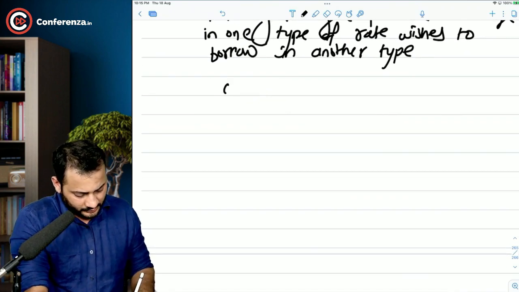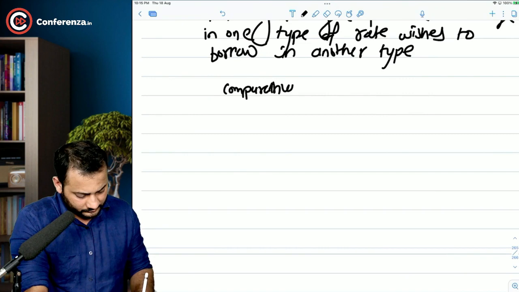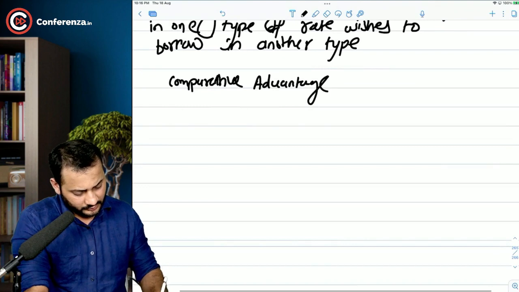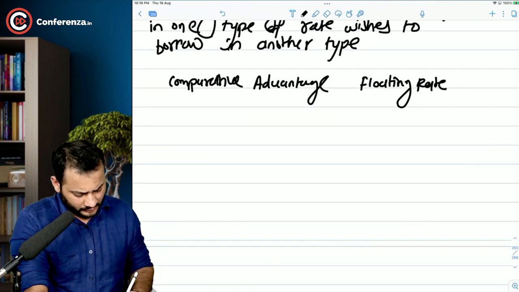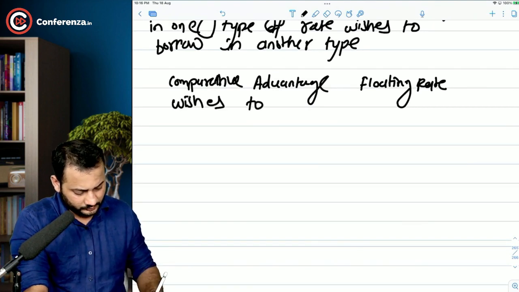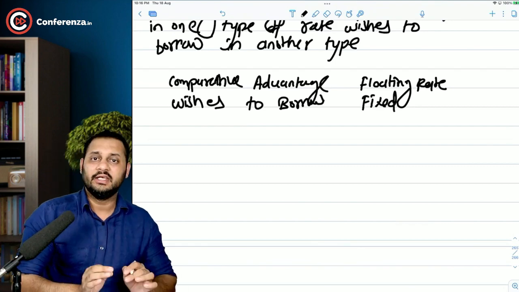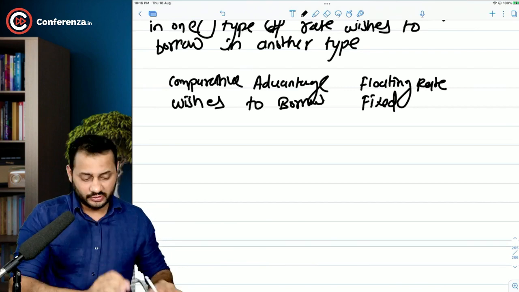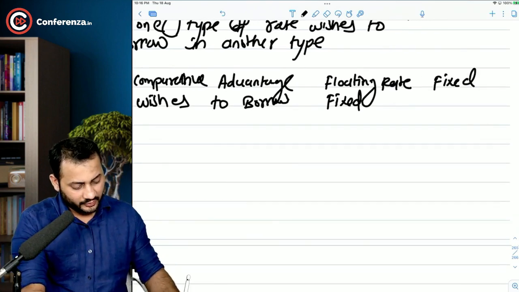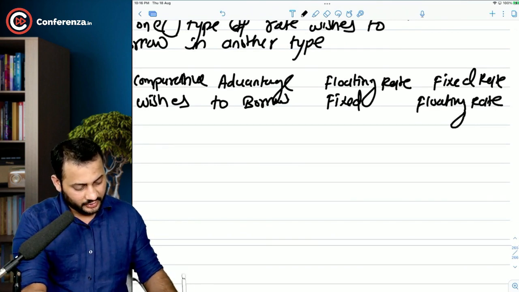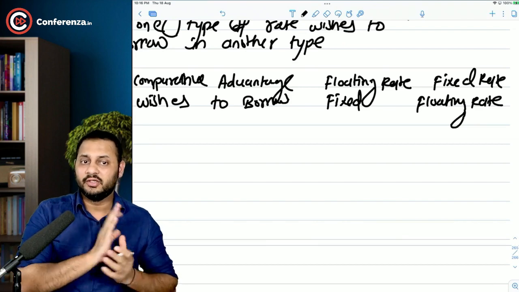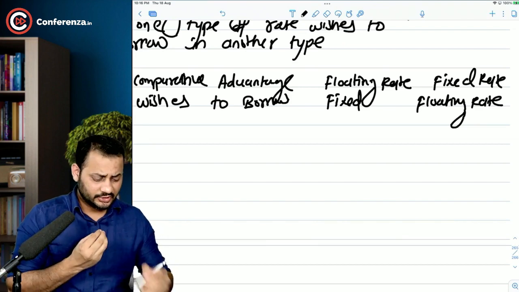Example, if the comparative advantage is in floating rate, but the company wishes to borrow in fixed rate, then only swapping is possible. Or if it has a comparative advantage in fixed rate and wishes to borrow in floating rate, then only the swapping is possible, and it's very much true.